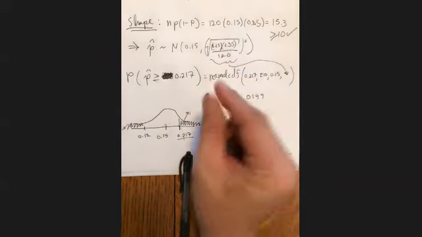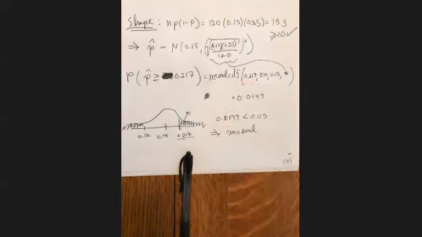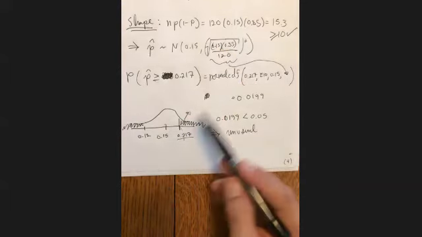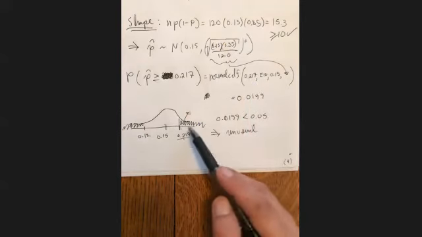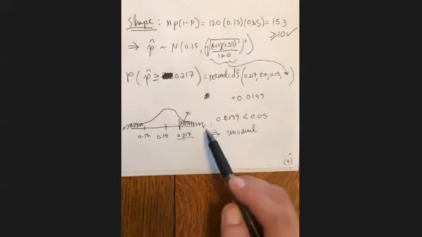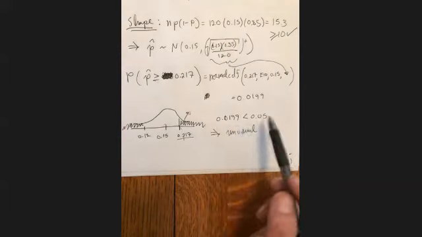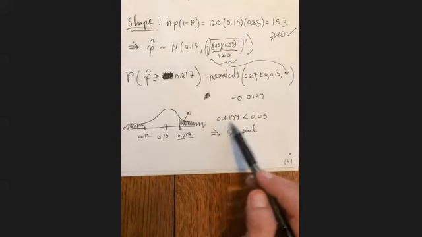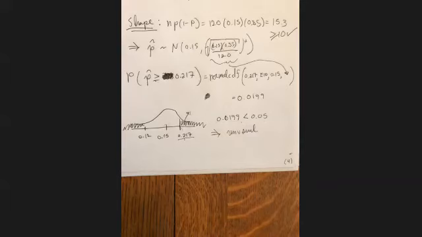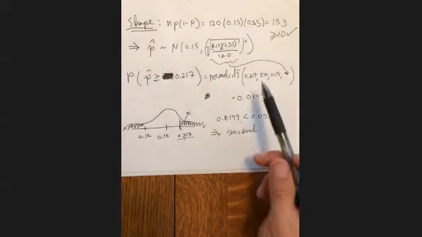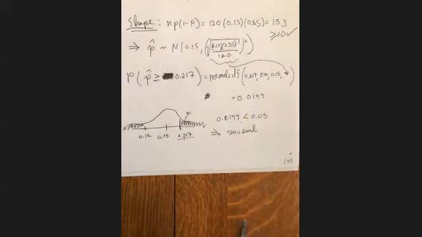So we compare this result 0.217 to the spread of the distribution, and we find that it is way down in the tail somewhere. When we find the area to the right of 0.217, we get a very small number, and we see that only less than 2% of all samples will have a sample proportion greater than or equal to 0.217.